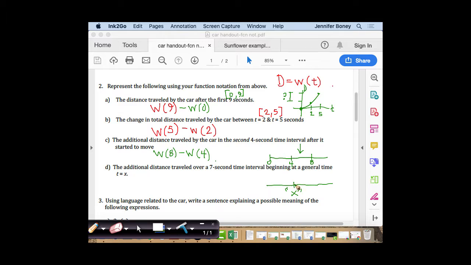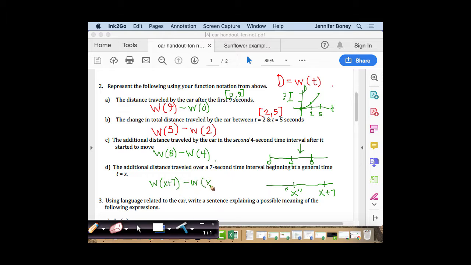If it's a 7-second time interval, goes through someplace later, how would I describe the end of that interval? X plus 7. All right. So x through x plus 7 would be an interval of 7 seconds long that starts at a general unknown time x. So if I want to talk about change in the distance traveled, or that incremental extra distance traveled during that 7 seconds, I can say W of x plus 7, just following our same pattern, minus W of x.